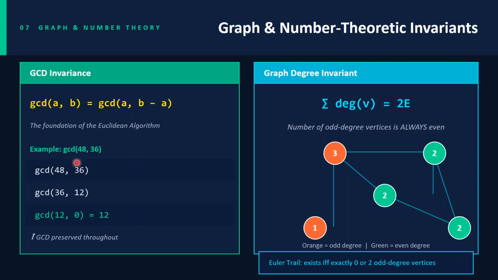We have an example here, 48 and 36. GCD of 48, 36 is equal to GCD of 36 and 12. Sorry. If you see, 48 minus 36 is obviously 12. Now this is B minus A, but here A is replaced by B. So this must be denoted as A while you're writing the steps, but you should always consider B. In the steps you have to write A because that's the standard exam pattern.